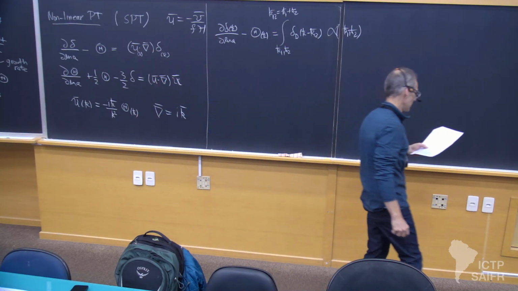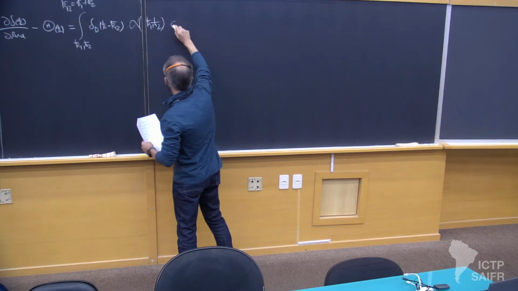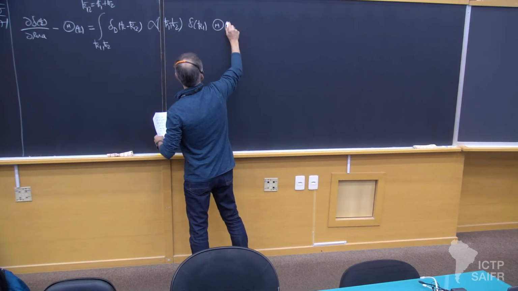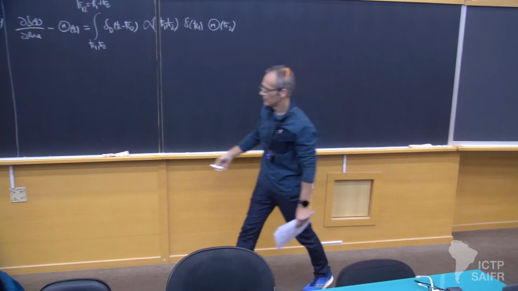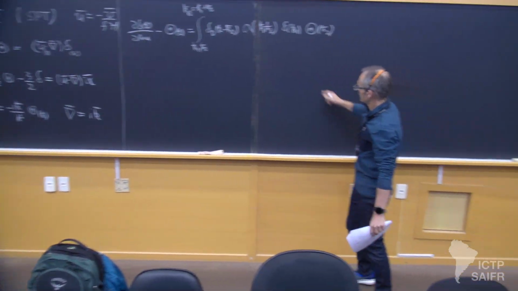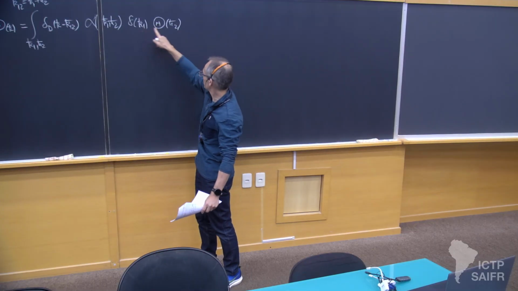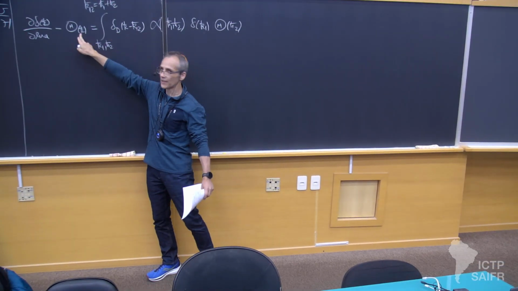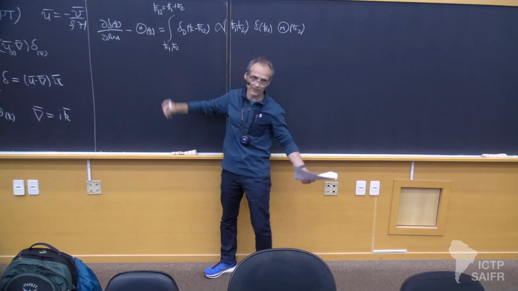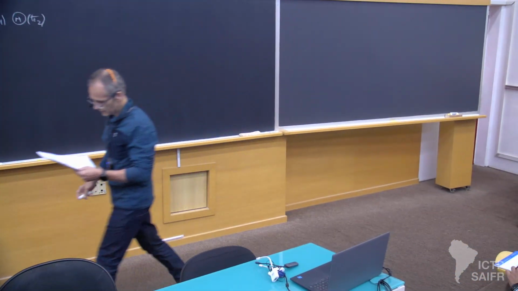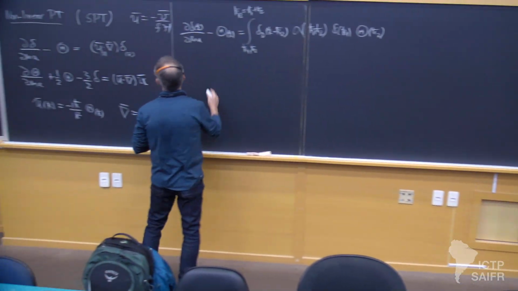And I'm going to tell you what it is in a second. And the Fourier transforms of these two fields, okay? And you can see this is a convolution, right? Because this K1 plus K2 from this Dirac delta here has to sum up to K. That's another way of writing a convolution, okay? And similarly for the other one.